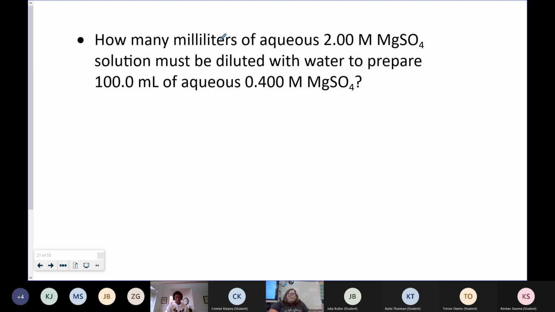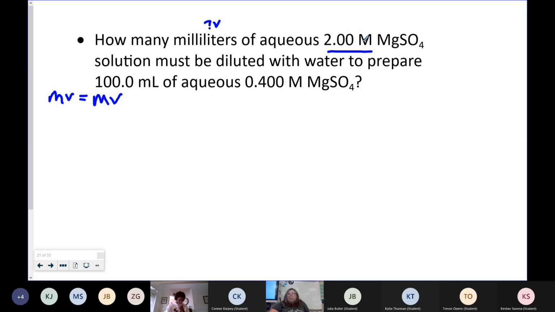So because it's asking for volume and molarity, we know it's that M times V equals M times V. And sometimes the hardest part is figuring out which 2 numbers pair together. So use your context clues as you're reading. It wants to know how many milliliters, so it wants to know the volume of a 2 molar solution.